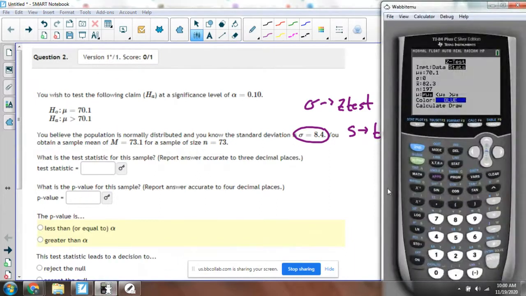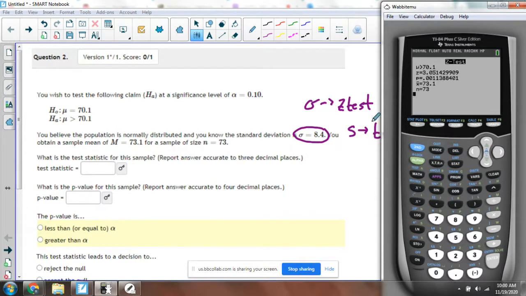The null mean is 70.1. Our sigma is 8.4. X bar is 73.1. Our sample size is 73. Now we want to prove that our mu is greater than the null mu, so we'll use that and calculate.